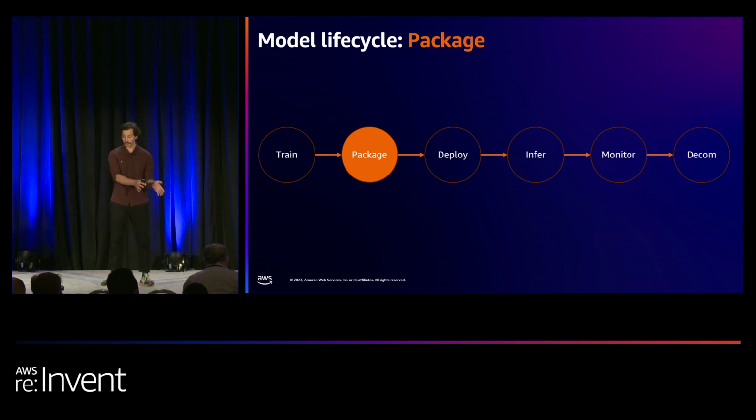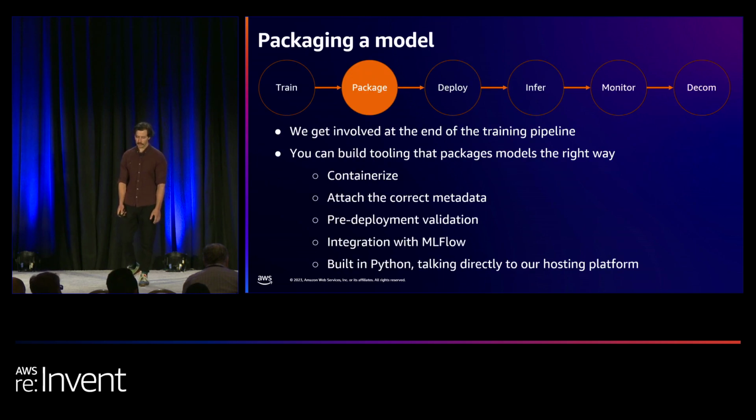So we've got a trained model, and we're running inside some kind of Python runtime, like a Jupyter notebook, or at the end of a Prefect training pipeline. That's where our platform gets involved. There are huge benefits here: you can build tooling at the very end of your training pipeline to tell people how to package their models. You can build a Python library, and that's what we've done.